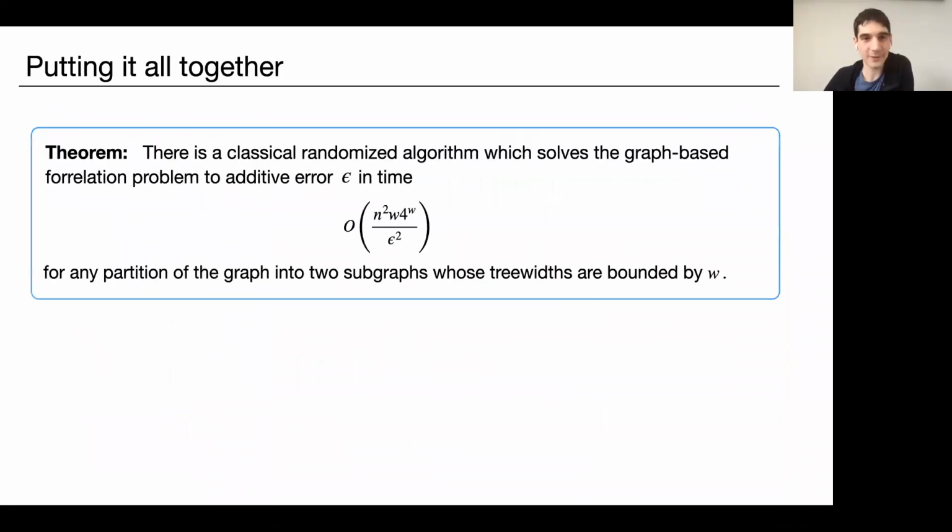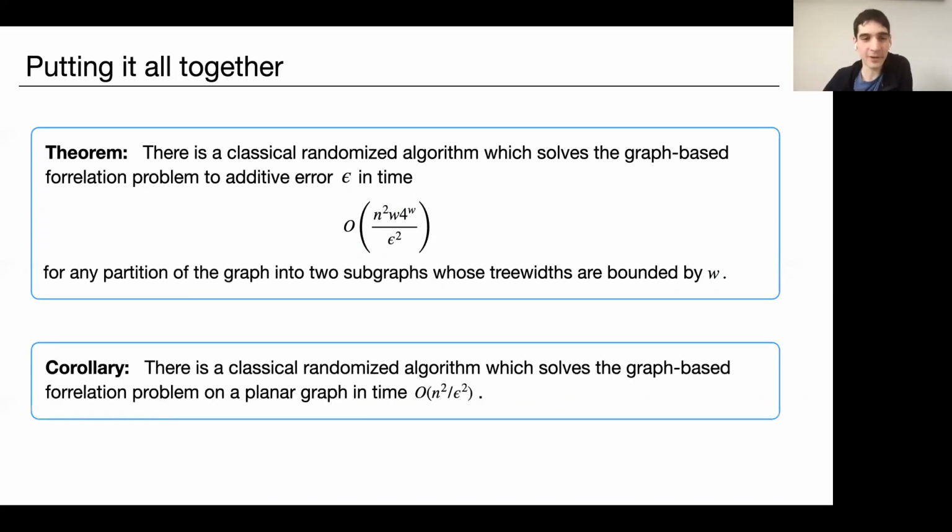So putting this all together, if we go through the math of what the running time is at the end, we get a classical randomized algorithm which solves the graph-based correlation problem to additive error epsilon in time that looks like n squared over epsilon squared, where there's now this exponential factor in the tree width of the partition.